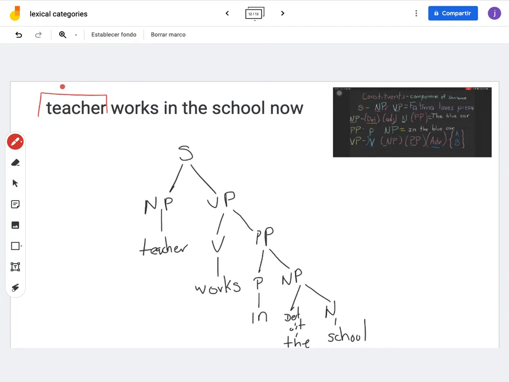So we put noun phrase, and this part we put verb phrase. It's the same, all this part is a prepositional phrase. Okay.